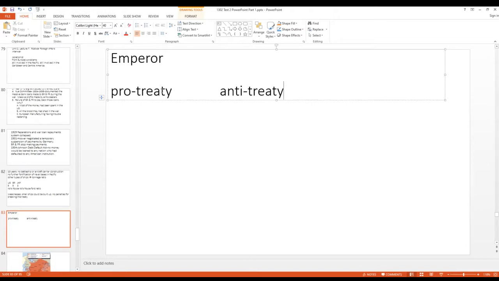And both of these groups began battling for the emperor. Okay. Both groups are largely naval. There is some Japanese army in the anti-treaty group. But for the most part, this is a battle between 2 different parts of Japan's naval forces.